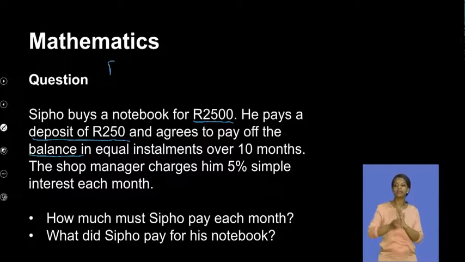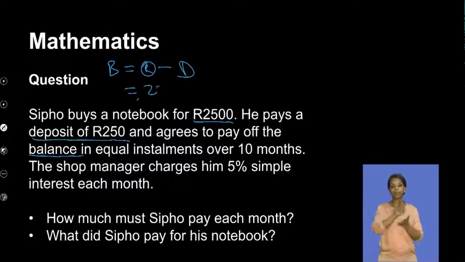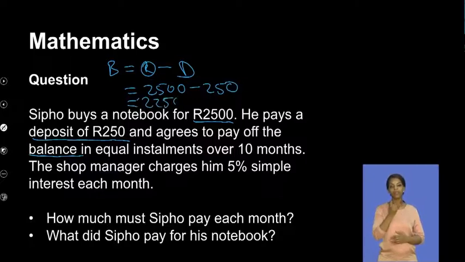So the balance in this instance will be the original price minus the deposit. Our original price was 2,500 minus the deposit, which was 250. And that will give us 2,250.